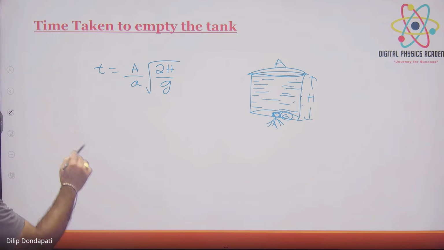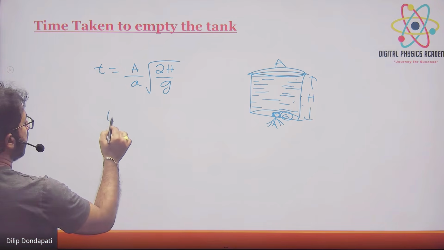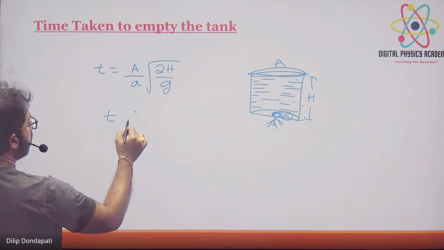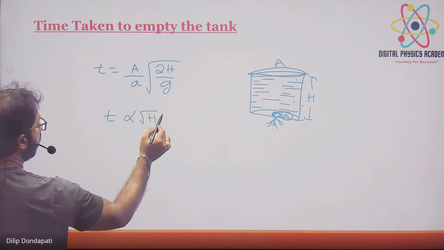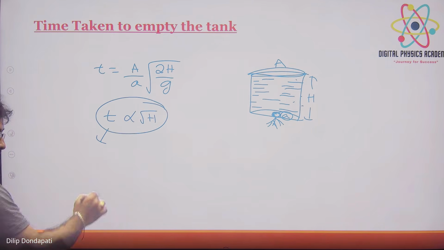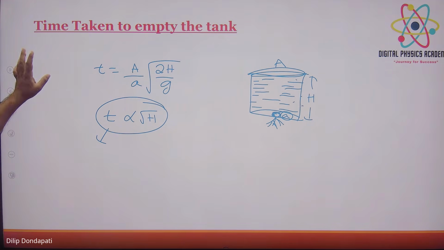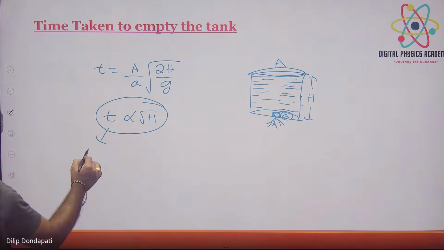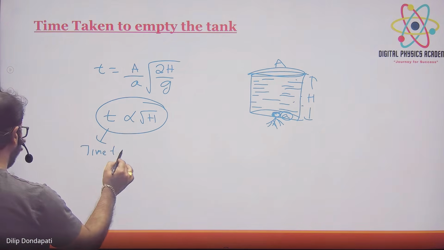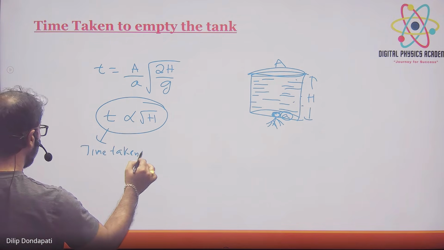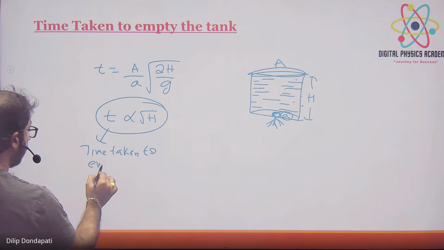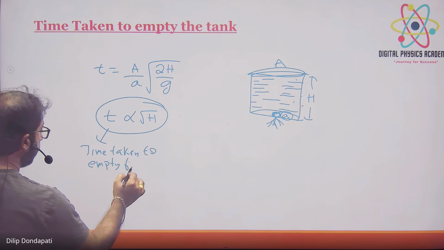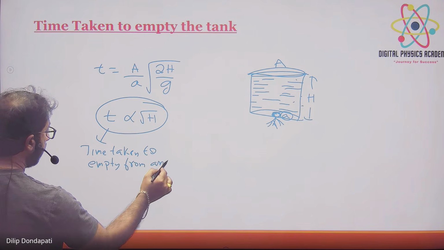This is the time taken to empty the tank. So I can say that time is proportional to root h. Write below: time taken to empty from any height h.